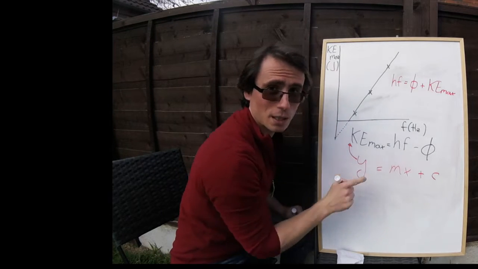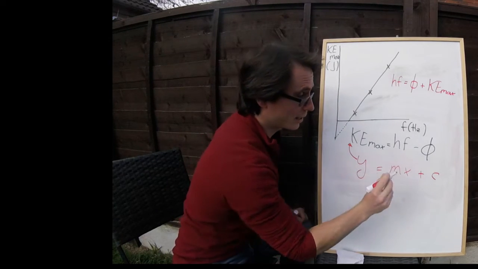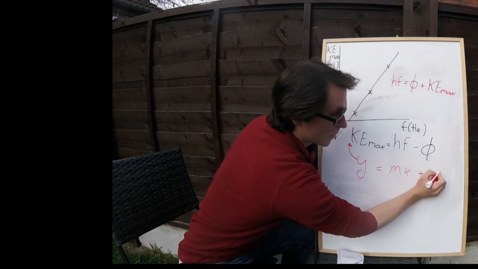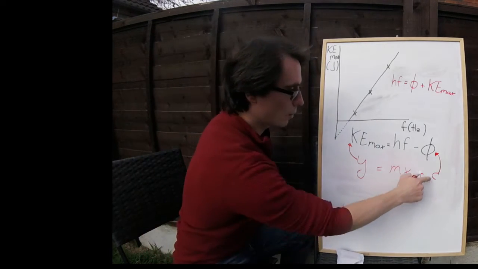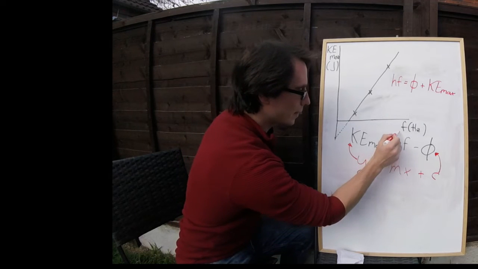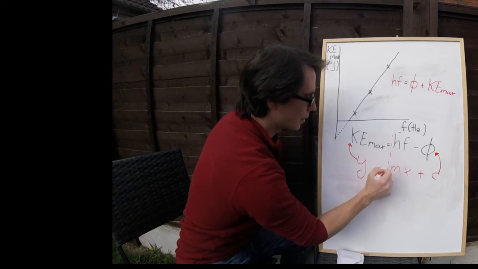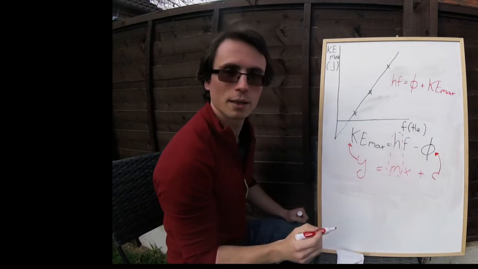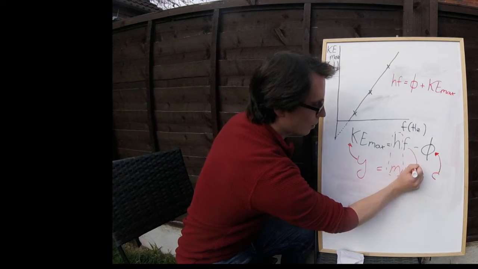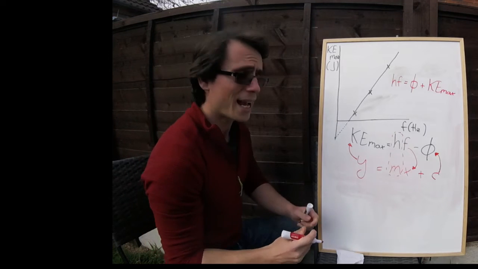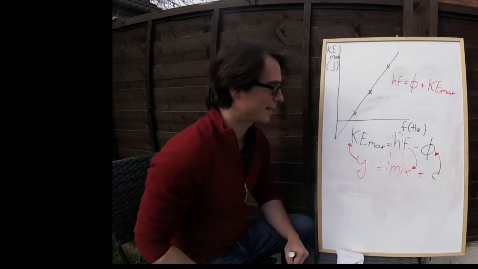We can also see, again no pun intended, that phi is our c in this case, which is our intercept, which means that our gradient has got to be h. f is also on the x-axis, and that's our y equals mx plus c analysis done.